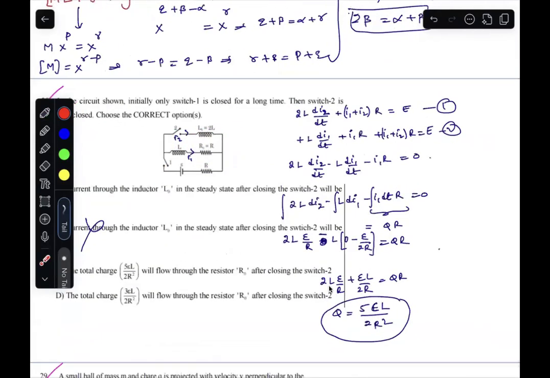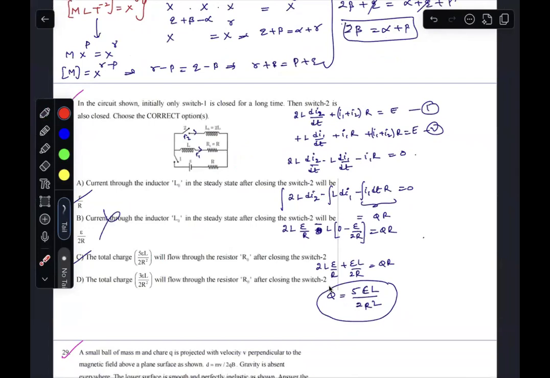Otherwise also, immediately after closing, I'm assuming the current through this is I2 and the current through this is I1. And I've applied Ohm's law and the Kirchhoff loop rule for this loop. So what I got is 2L di2 by dt plus (I1 plus I2)R is equal to E for this loop. Next, for this loop, I have applied L di1 by dt plus I1R plus (I1 plus I2)R is equal to E. I got 2 equations.